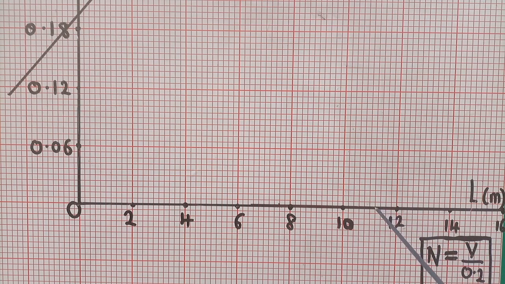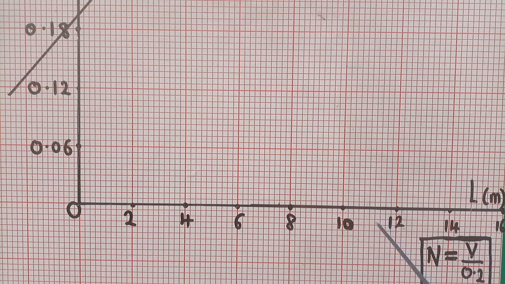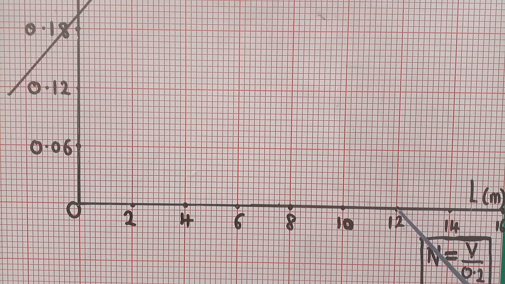So what exactly is the value of L at this point? If it had been here, we would have taken it as 10. If it had been here, we would have taken it as 12. But as it were, it is at this point. It is not marked. That means we can't know what this place is until we calculate it.